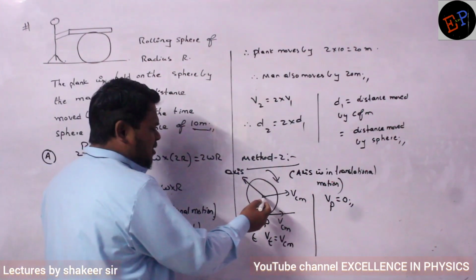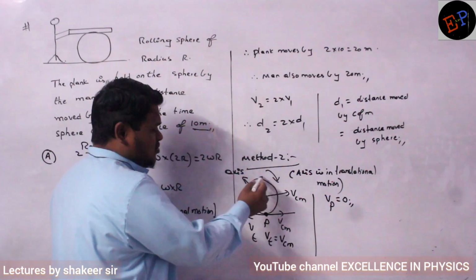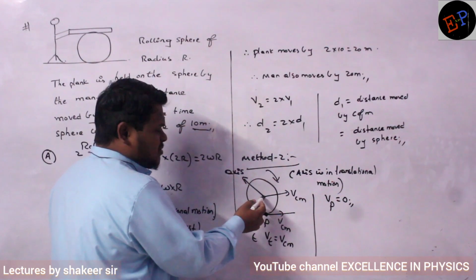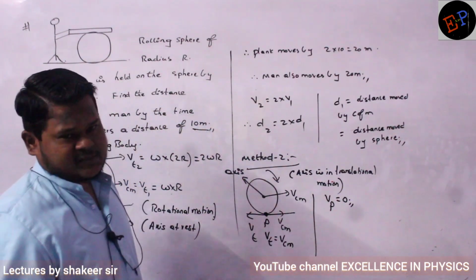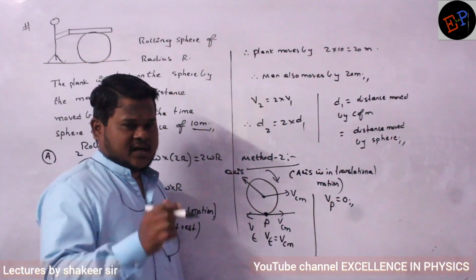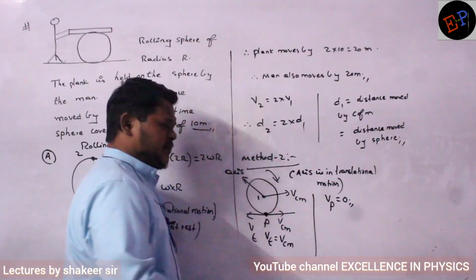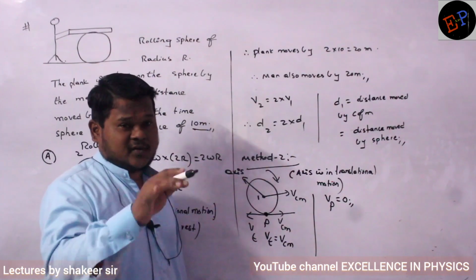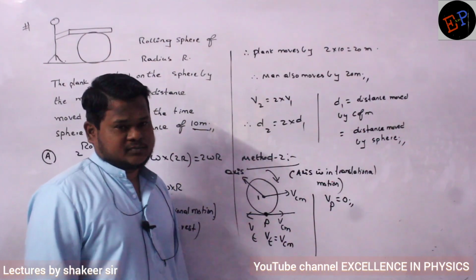Then what about the point which is present in the middle? It has only translational motion. This point is not rotating. No? The perpendicular distance from the axis of rotation is how much? 0. The axis is present at point number 1 only. So therefore it doesn't have any tangential speed. Why?